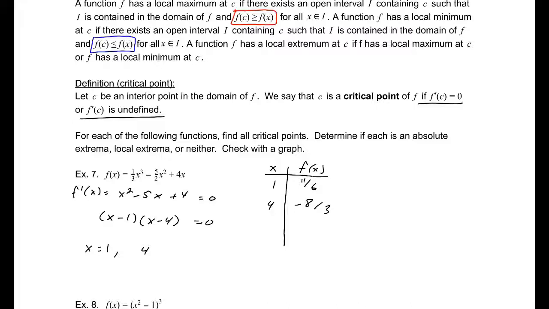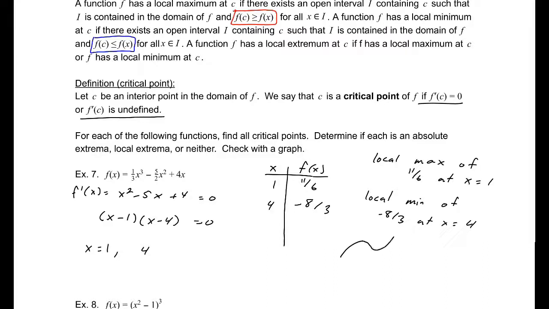So we have a local maximum of 11/6 at x equals 1 and a local minimum of -8/3 at x equals 4. Now, if we sketch this graph, our graph looks something like this. It's a cubic. So we definitely will have a maximum and a minimum. So that graph verifies what we see there.